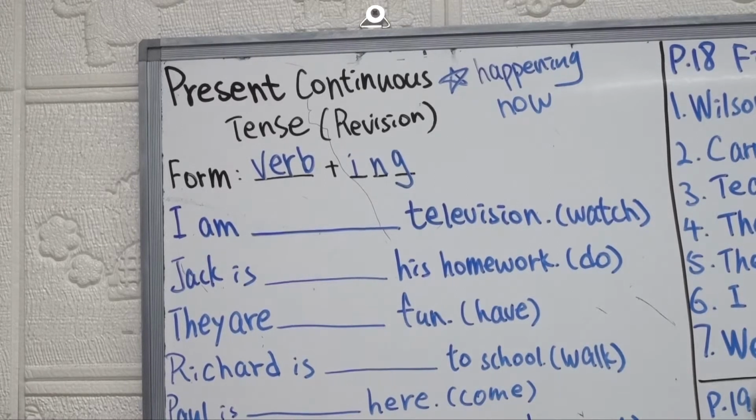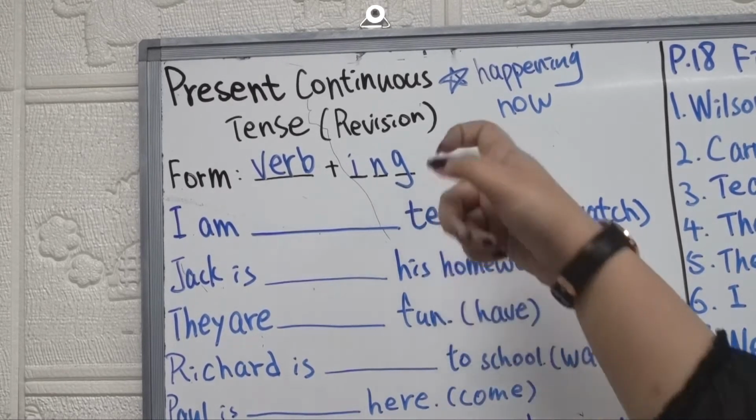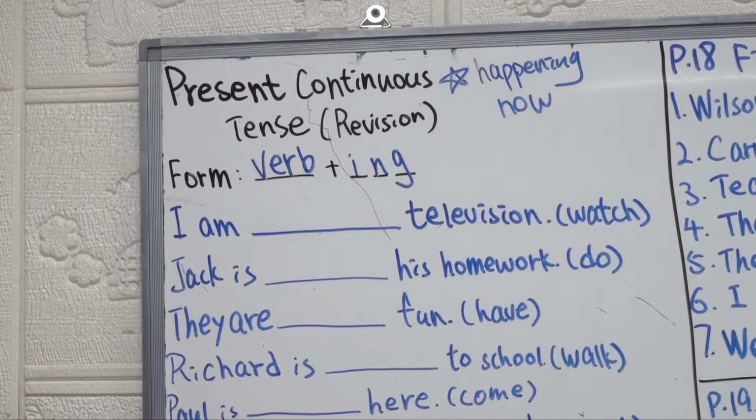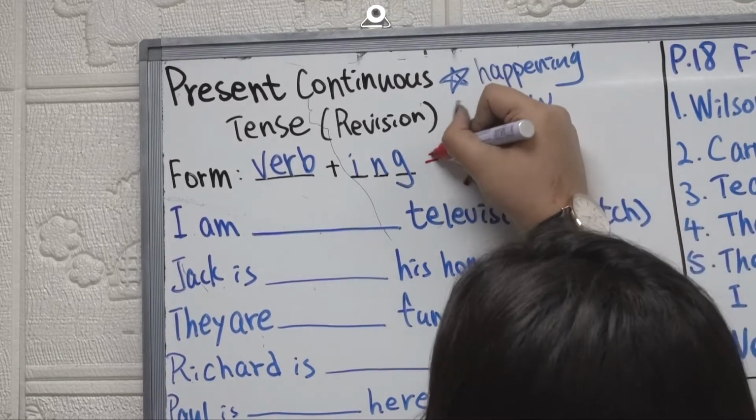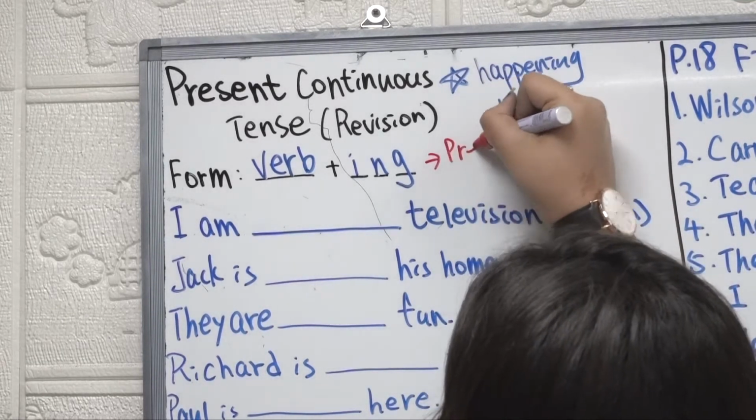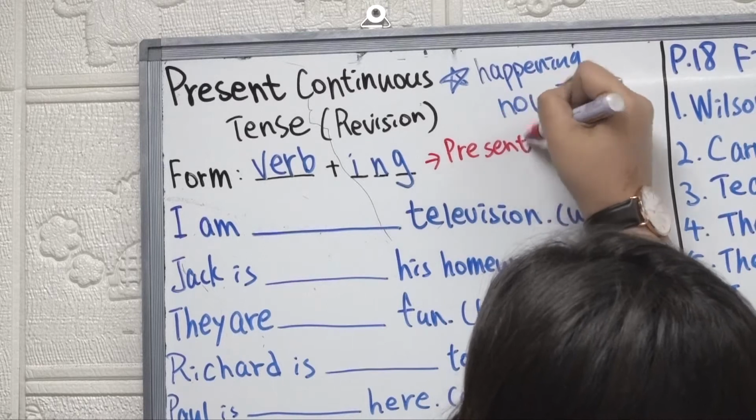Verb with ing, we call this present participle. Remember? Verb ing, just like doing, cleaning, jumping, running, right? So this form we call present participle.